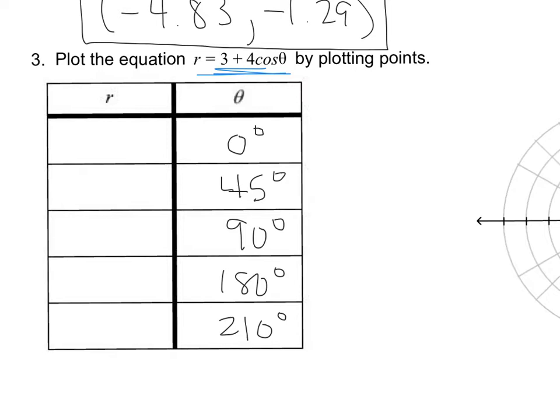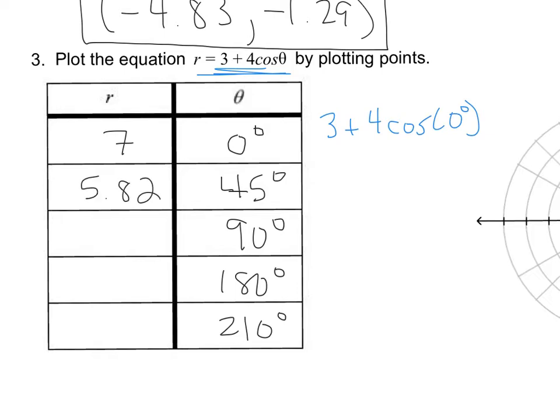So for example, for 0, I'll put in the calculator 3 plus 4 cosine of 0 degrees. And make sure your calculator is in degree mode, especially if you're using the Desmos, where you have to actually change it under the wrench. So 3 plus 4 cosine 0 is 7. So the r value for 0 degrees is 7. If I do the same thing, instead of putting 0, I put 45, I get 5.82.